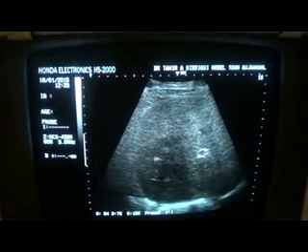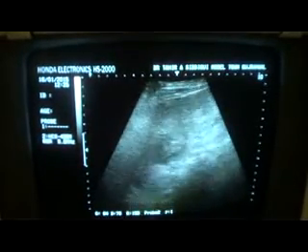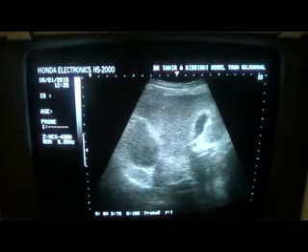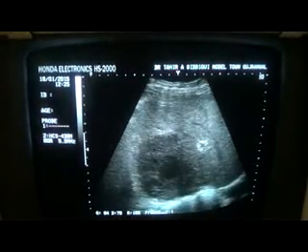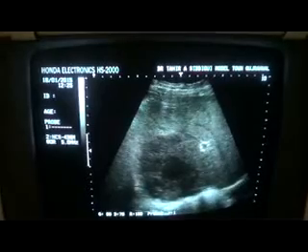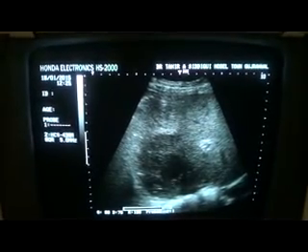Here you see, this is the one which is giving posterior shadow. So what we are seeing is in fact a healing phase liver abscess in the posterior segment of the right lobe. Thank you very much.